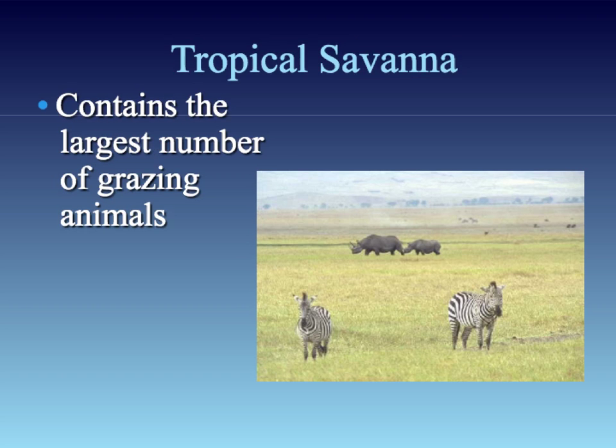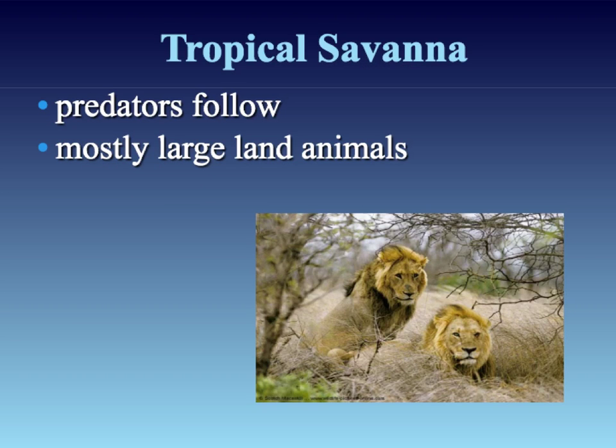They contain the largest number of grazing animals, so it's not unusual to see all kinds of different grazing species in tropical savannas. Of course, as the herbivores migrate with the grasses, you will also find the predators following these herds. They're very large land animals, like lions.